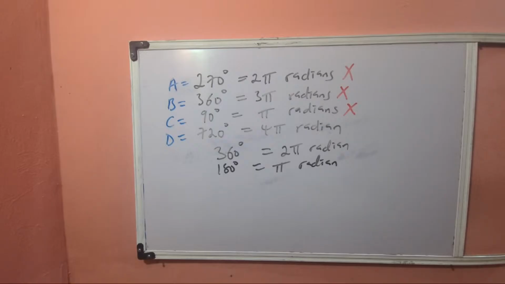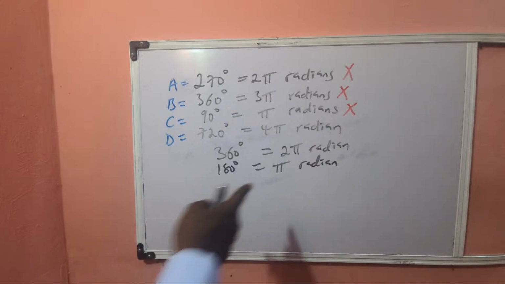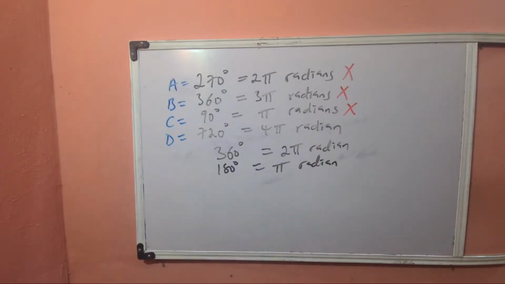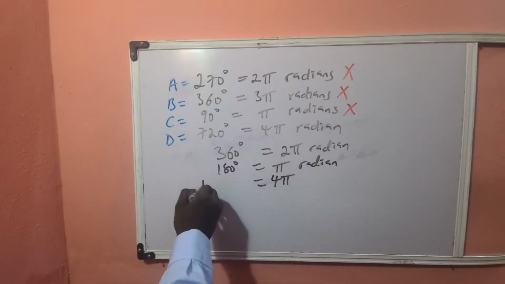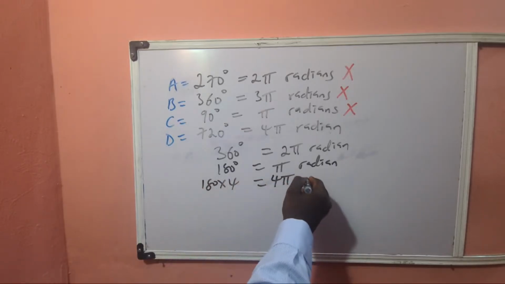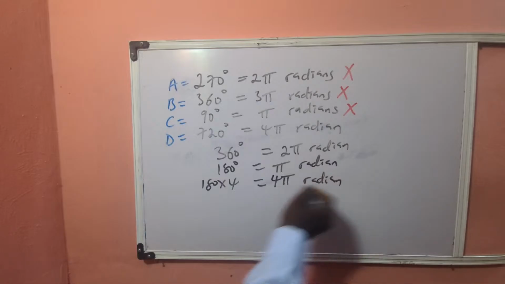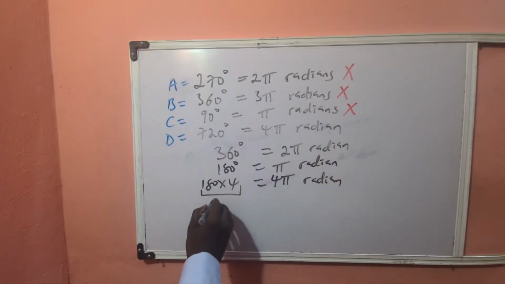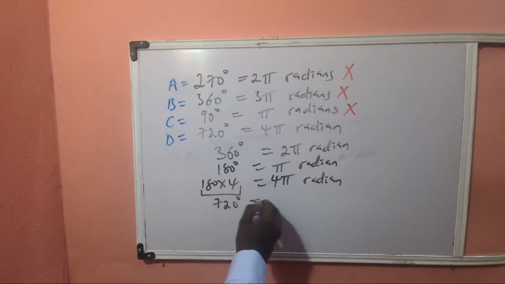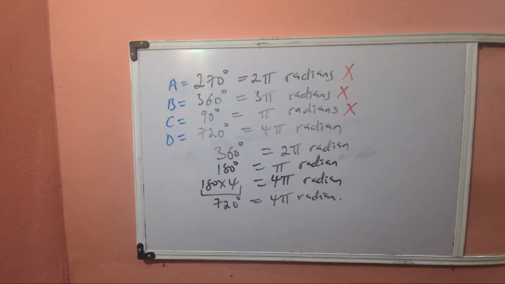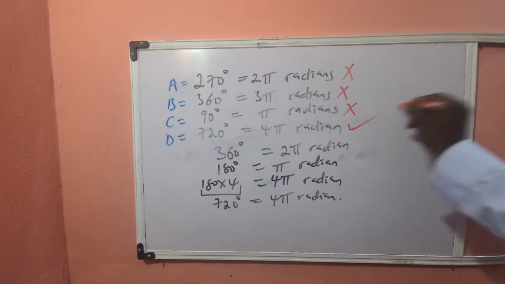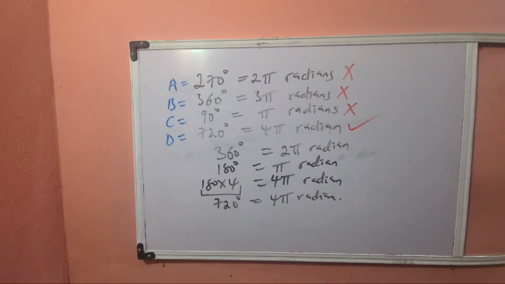Of course, if pi radian is 180, you multiply both sides by 4. 180 times 4 will give you a value of what? 720. So it's okay to conclude that 720 degree is 4 pi radian. This is very key for you to be excellent in every one of your questions. All right. So we're done with that.